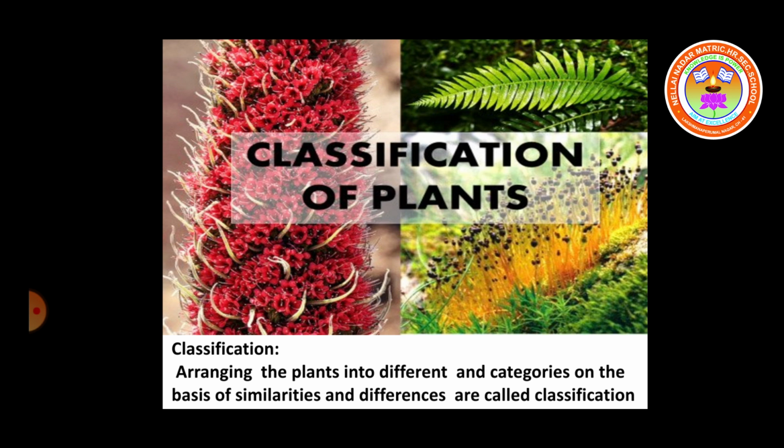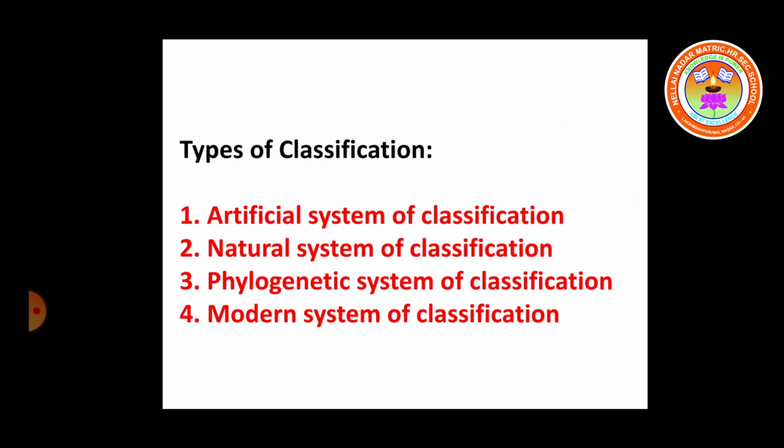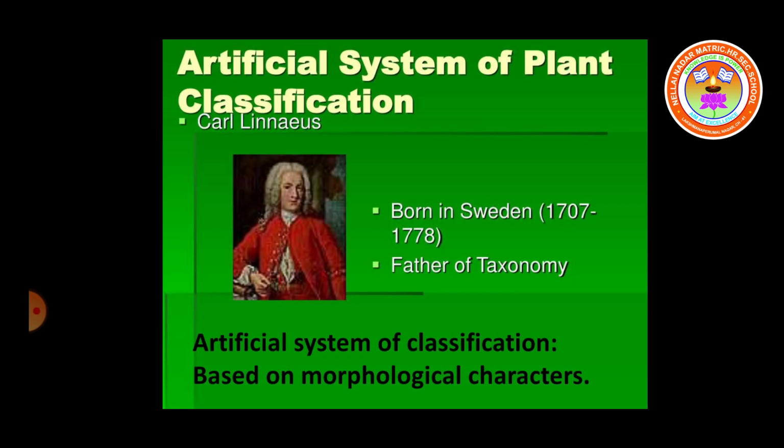There are 4 types of classifications available in biology. They are artificial system of classification, natural system of classification, phylogenetic system of classification, and modern system of classification.